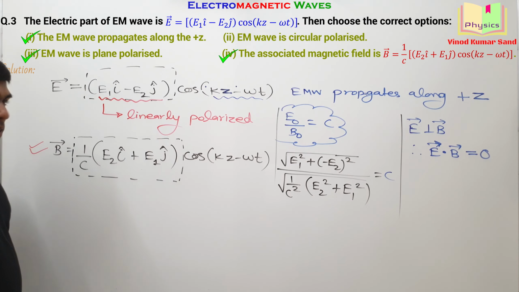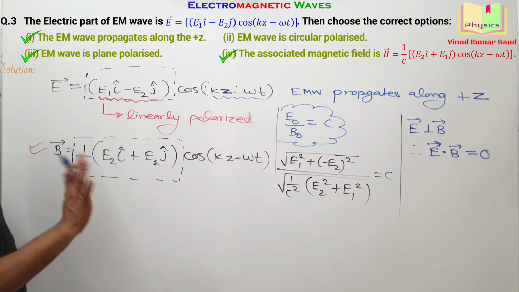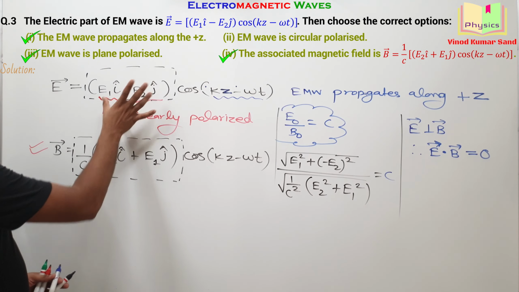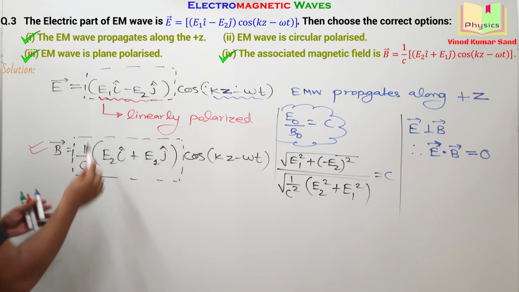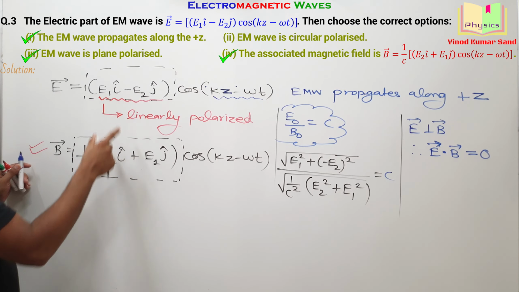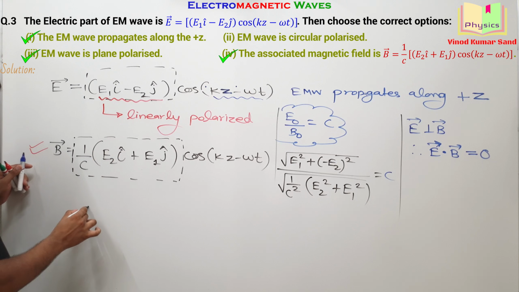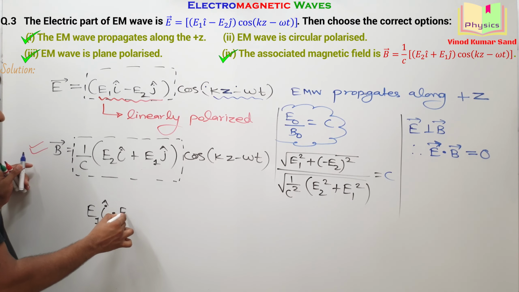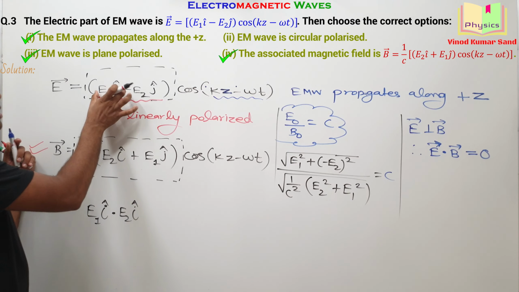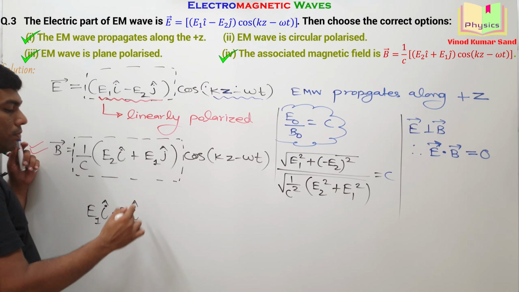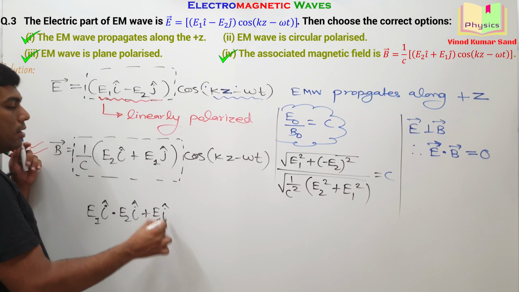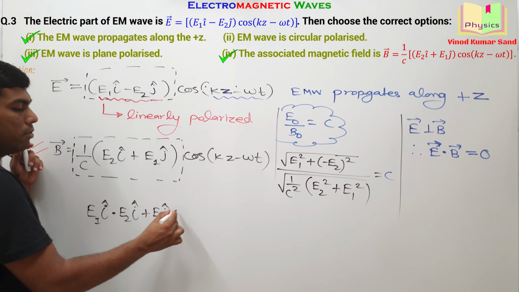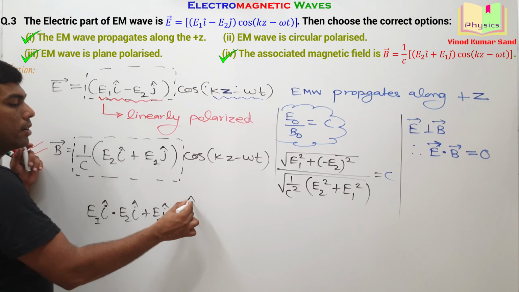I'm going to check this, and just for saving time I'll do the dot product of these parts, these vectors. So let's check it here. E1 i cap dot E2 i cap. Then dot product with this, E1 i cap dot E1 j cap.